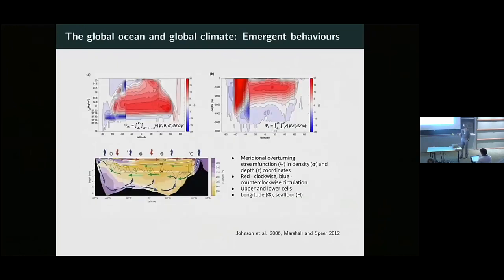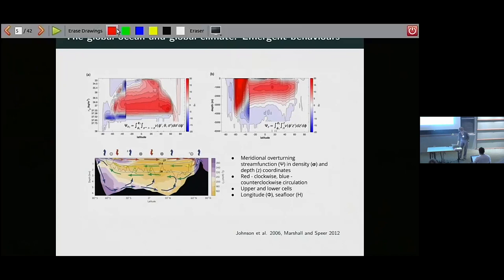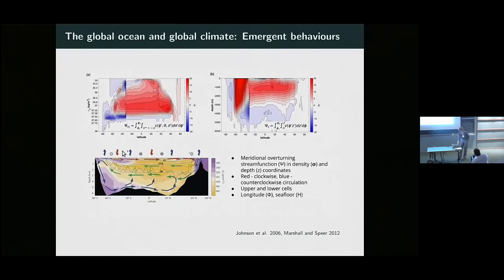Looking at the overturning circulation, this is another view of this. We've gone a little bit further than the box models, where we can look at this also in a zonally averaged sense. Here's a cartoon where we see the ocean circulation having two cells, a top cell here, and then a bottom cell.